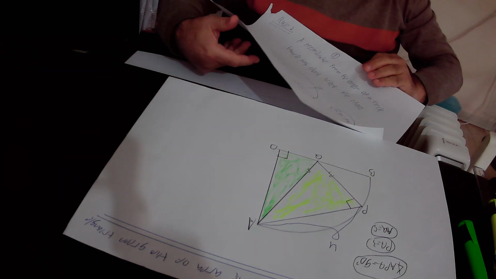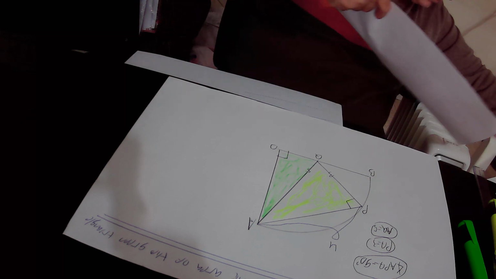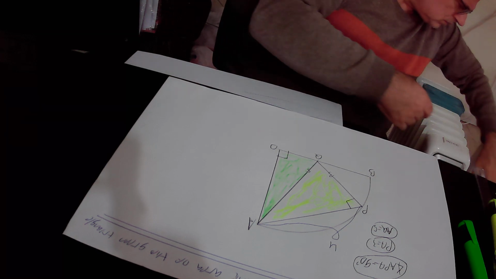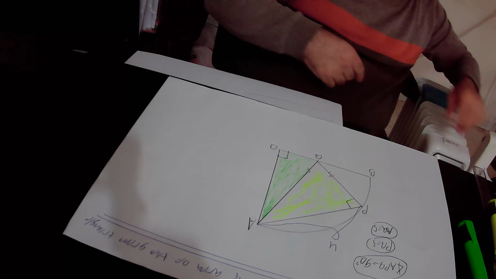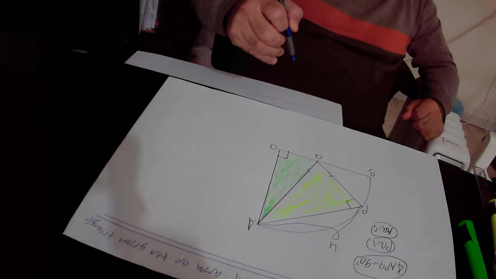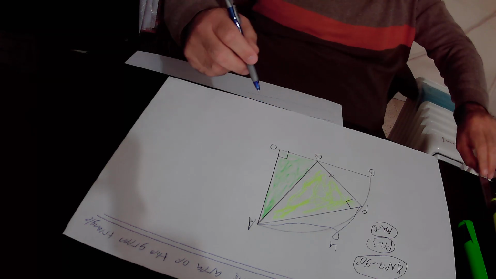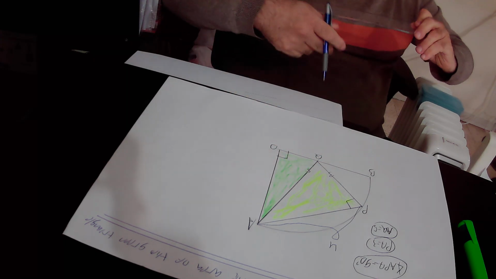So we can implement rule number 2 in our drawing. From the center of this circle, that is to say from point O, we draw a perpendicular on chord PA.